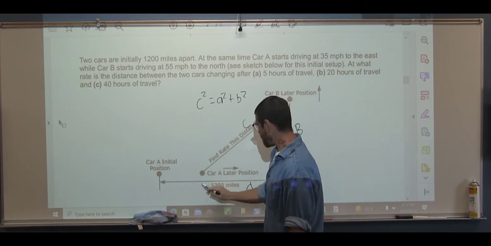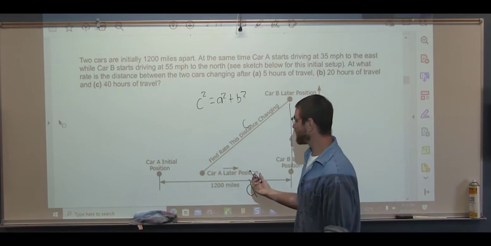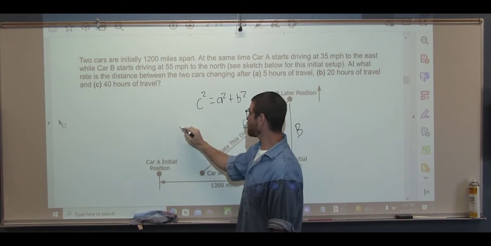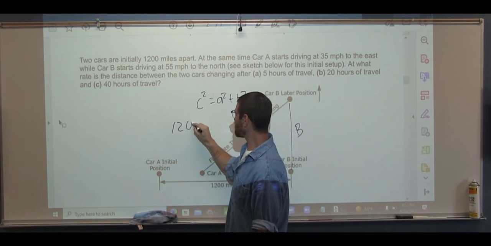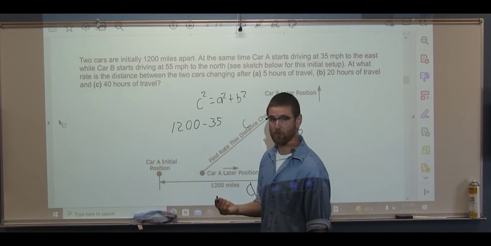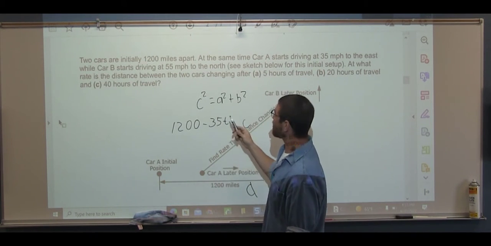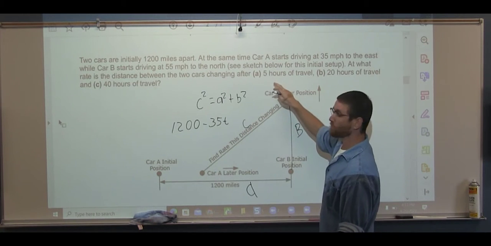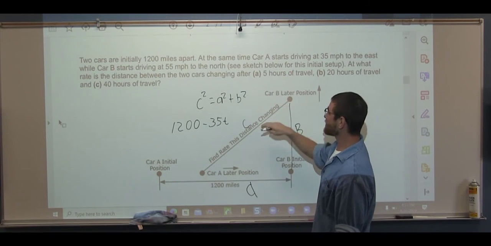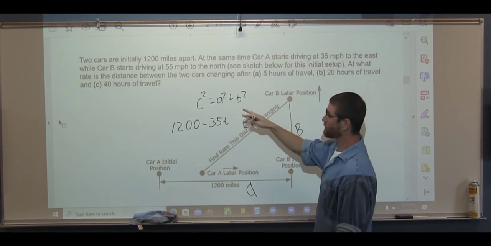Which means that this distance can be more accurately described in a rate of change scenario as 1,200 minus 35, that represents the miles per hour, multiplied by the time that it takes at each interval. So 5-hour interval, 20-hour interval, and 40-hour interval.